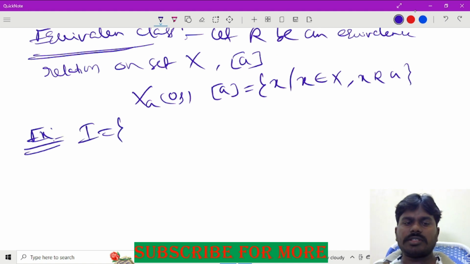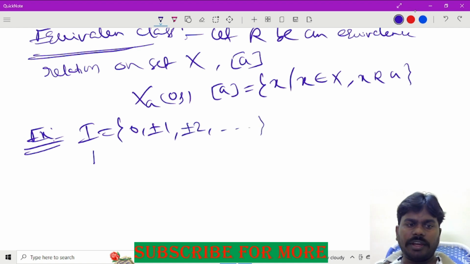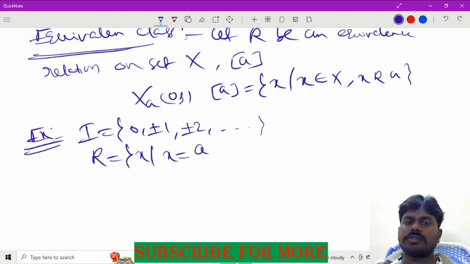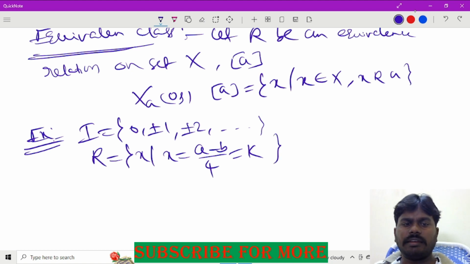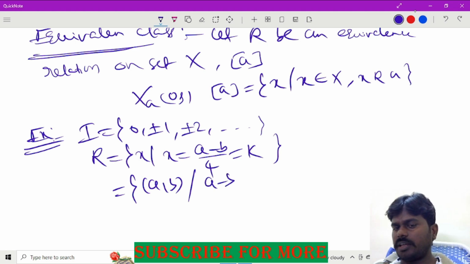Here I am taking integers. Integers, as everyone knows, contain 0 and also all positive and negative natural numbers: 0, plus or minus 1, plus or minus 2, and so on. Now I am defining a relation R, that is, the ordered pair (a, b) such that (a minus b) by 4 is equal to k.